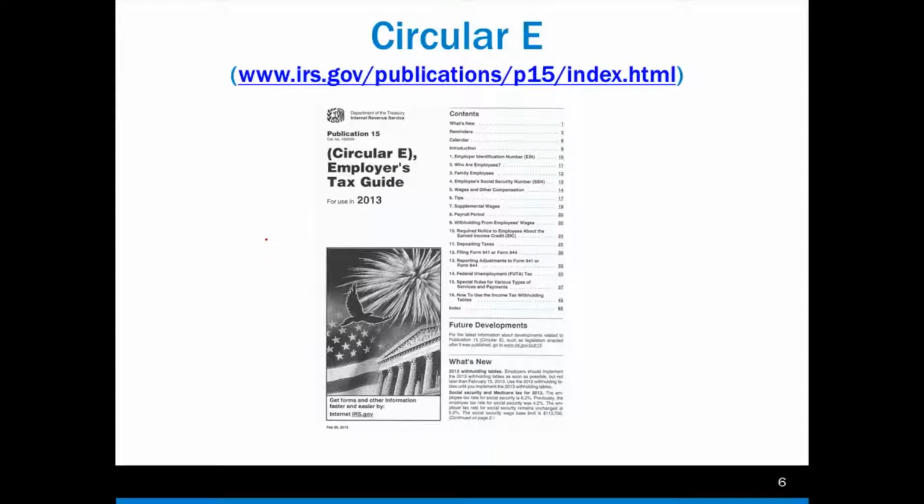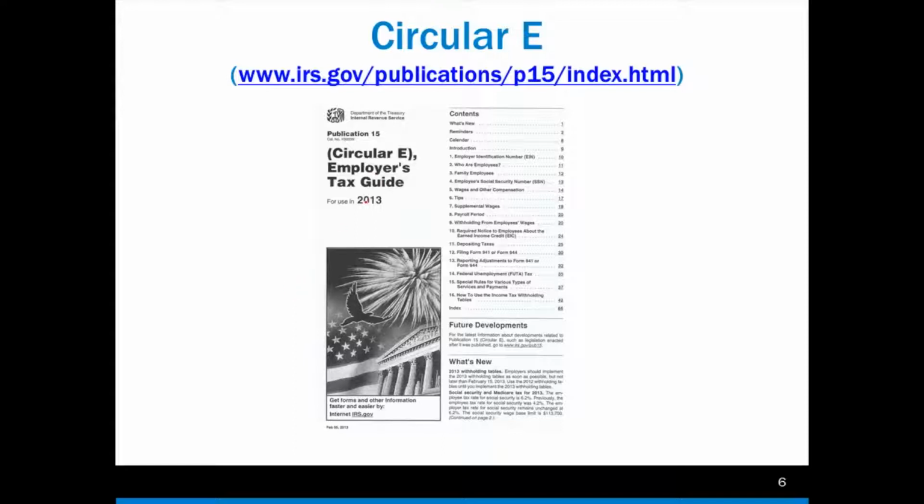So this is a Circular E. Like I said, you could go out to this website and learn everything you want to know about doing the taxes, the federal withholding, and the federal unemployment tax. We'll get into FWT later on in the next part.